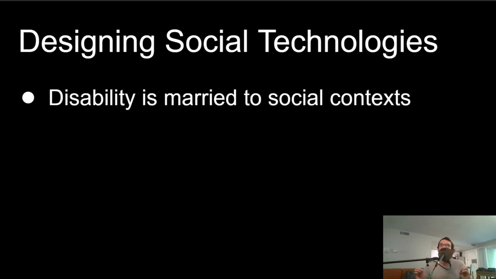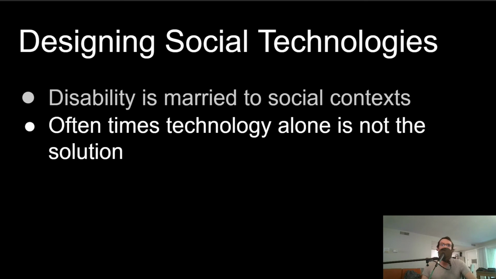The last one, this is the last school I'll just quickly mention, is designing social technologies. So like we mentioned previously, disability is married to social context, and does not occur as an island. And oftentimes, technology alone is not the solution. And I know that it may hurt us as designers and engineers, but it is definitely worth noting.